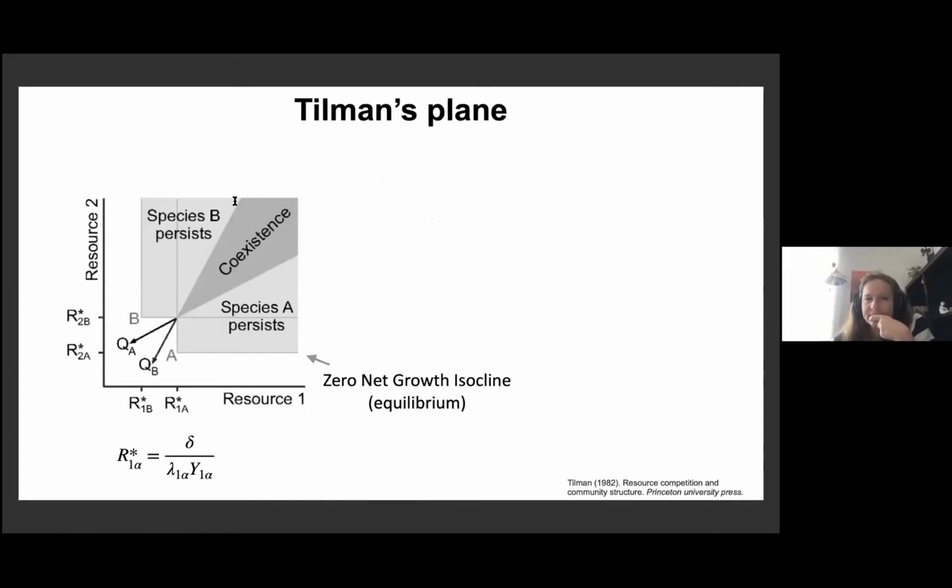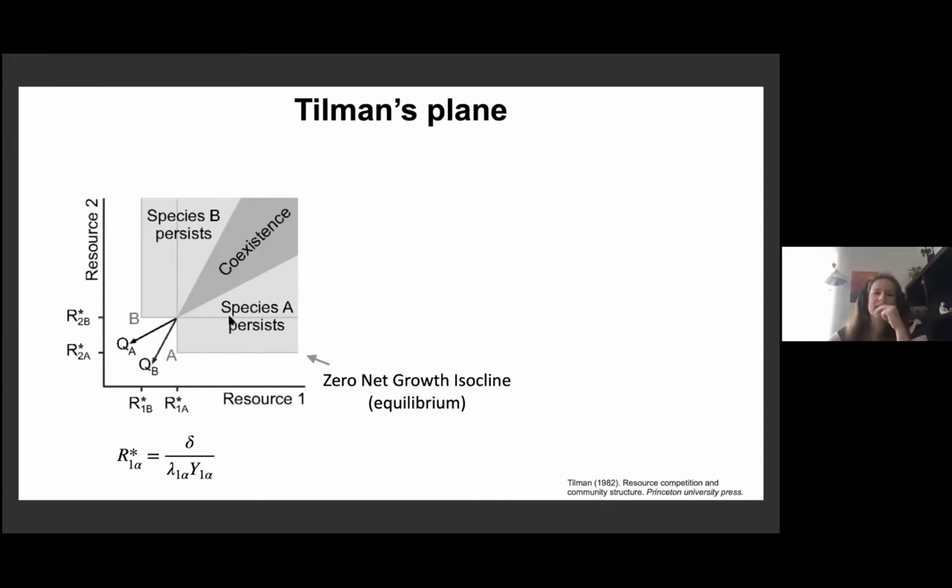Another core thing that people use to describe those ecosystems is the resource plane. And it's actually a very powerful thing to develop some intuition about those resource-limited environments, because it actually shows you how your ecosystem dynamics will look.